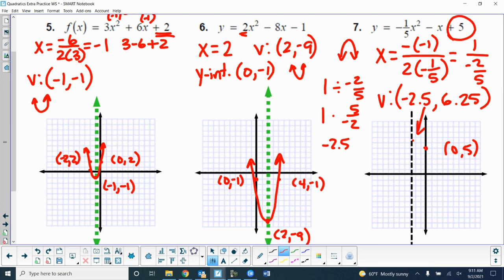Right or left? Left. How far away am I from here? 2.5. So left, 2.5. So what's 2.5 plus 2.5? 5. So that's 5, or negative 5. And then it's going to be like this.